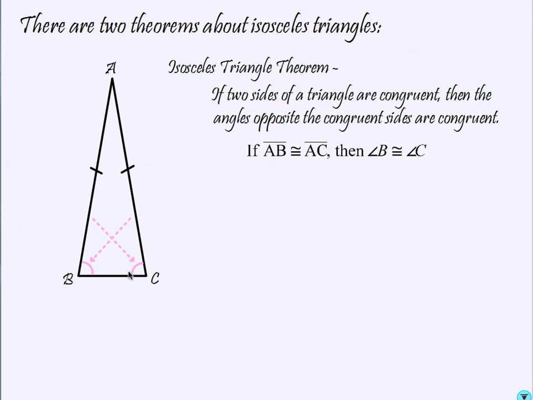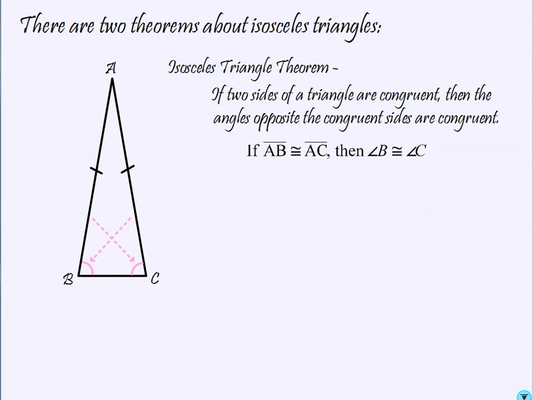So angle B will be congruent to angle C. Now opposite means across from. So AC is across from angle B. AB is across or opposite from angle C. So if two sides are congruent, then the angles opposite the congruent sides are also congruent.